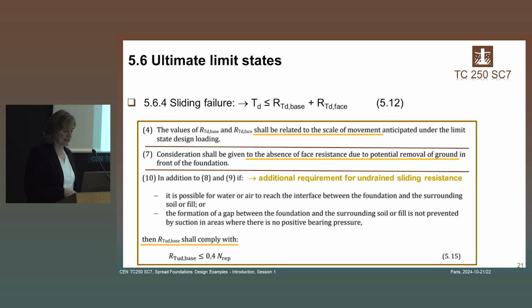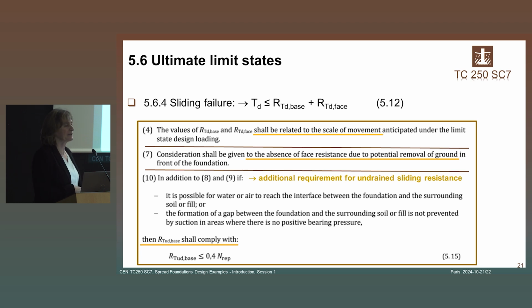Regarding the sliding resistance and the ultimate limit state verification, we have this limit state function here. The horizontal load, its design value, let's say the resultant horizontal force in the footing base. Then we compare it with the resultant frictional resistance in the footing base and the resultant earth pressure at the front of the footing, always the design values of those.